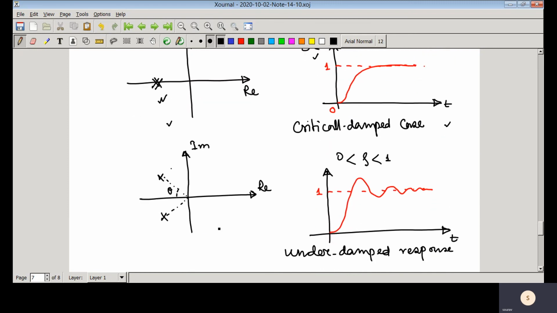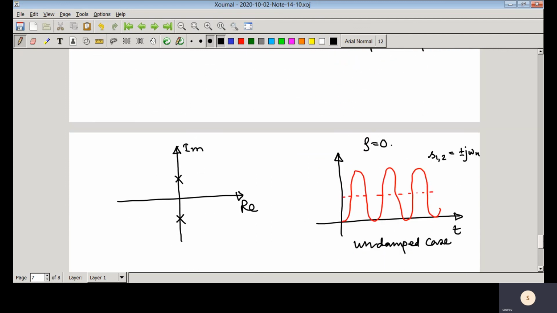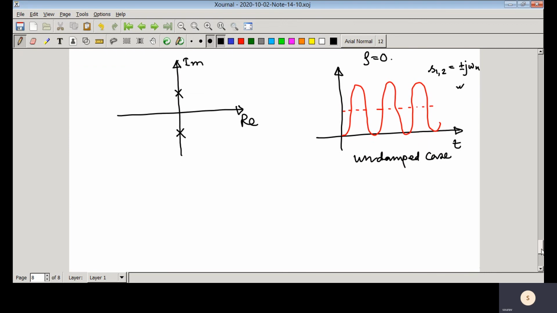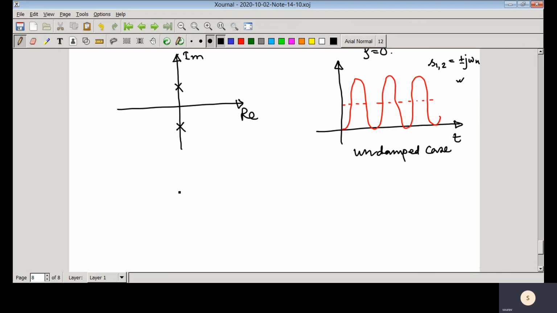And whenever they are complex conjugate poles, the zeta varies from 0 to 1, that is the underdamped case, and whenever zeta equal to 0, that is the undamped case. So next, if the two poles move to the right half of the complex plane, obviously that would be unstable, as we have discussed.